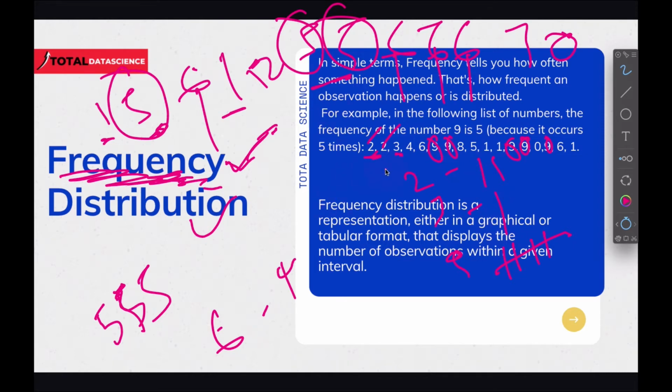If you want to measure customers, you want to see how frequent the customer is. Maybe the customer buys an item today, and tomorrow the customer doesn't come. The next day the customer doesn't come. The customer comes after 3 days. If that is the pattern, then the customer comes after 3 days, after 3 days. Then you will see that this is how frequent the customer is to my shop.